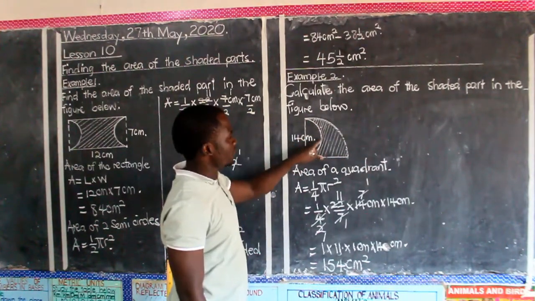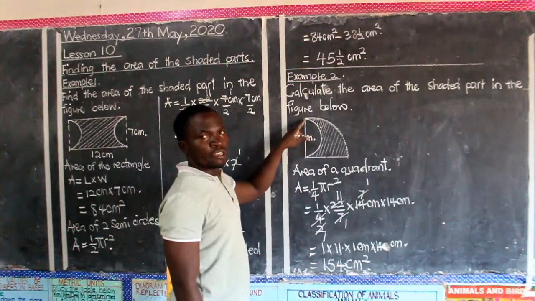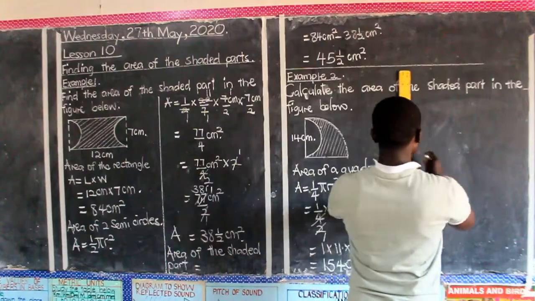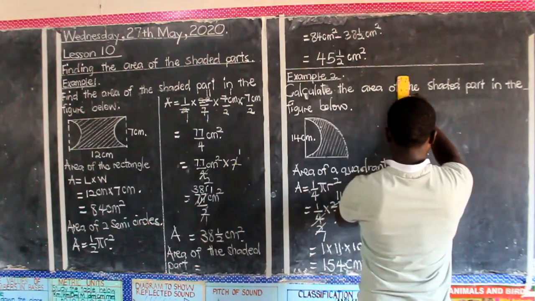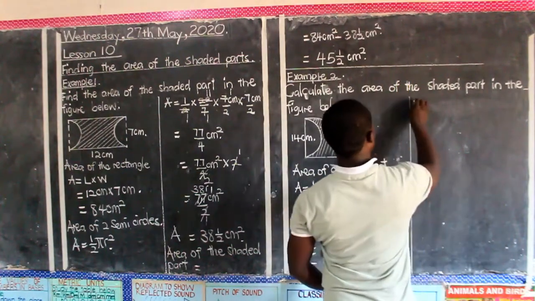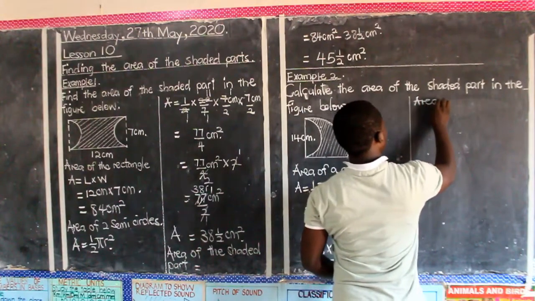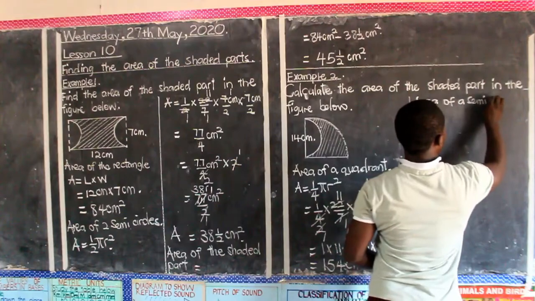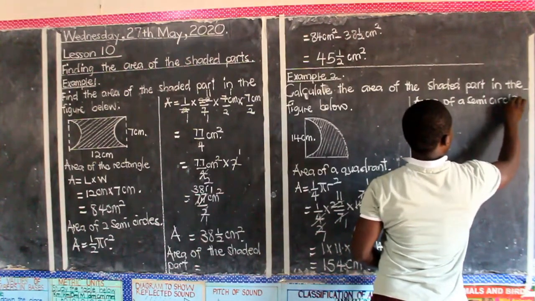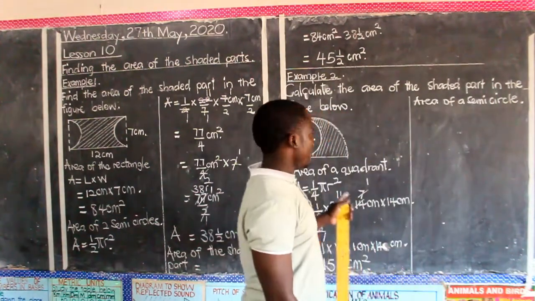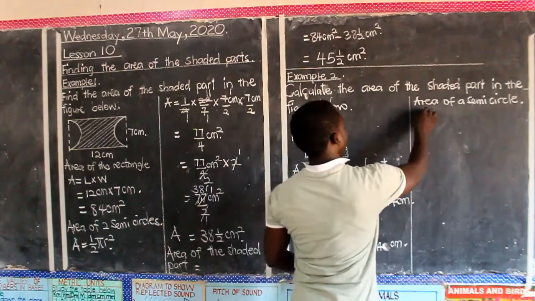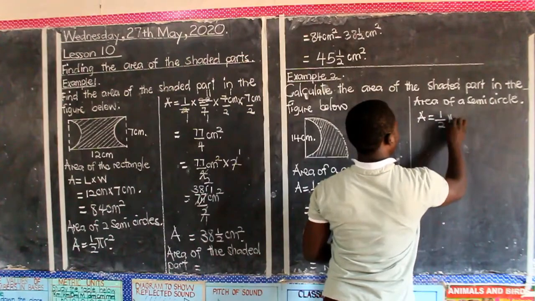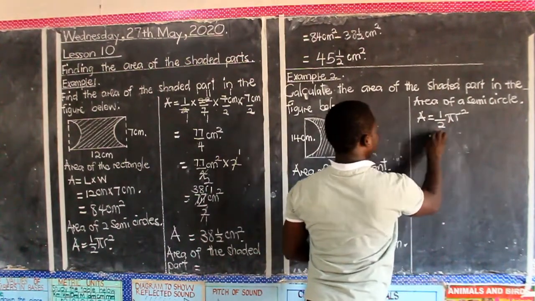Okay? Now, having got the area of the outer figure, which is a quadrant, you are now going to find the area of the inner figure, which is the semicircle. Area of the semicircle equals a half pi r squared.